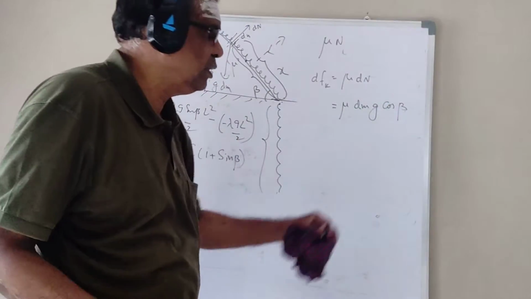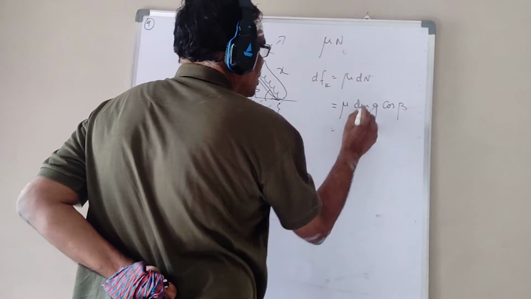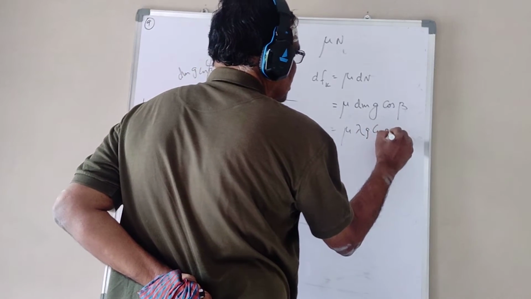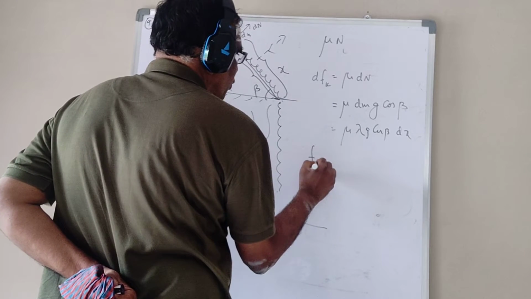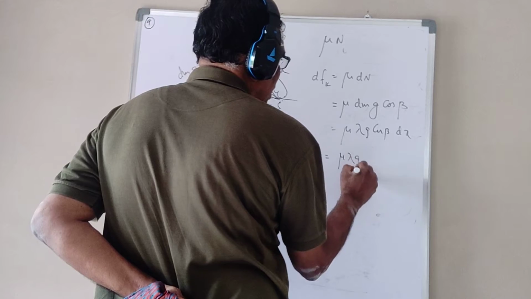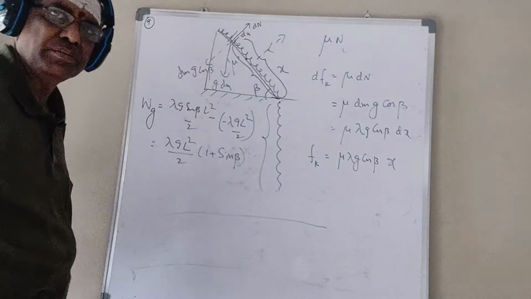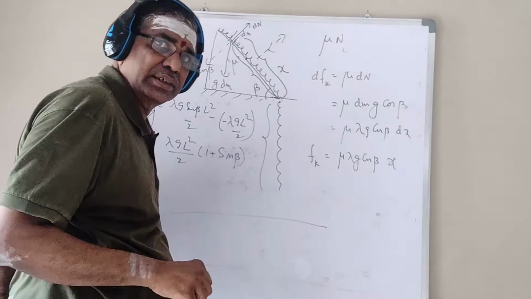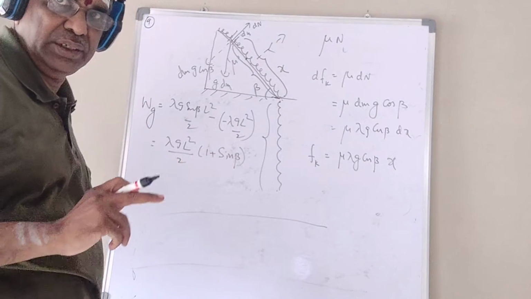It's only dm, therefore whatever dm is, lambda dx. So if x is lying, your fk will be mu lambda g cos beta x upwards. If it moves downwards by dx, those both are opposite.